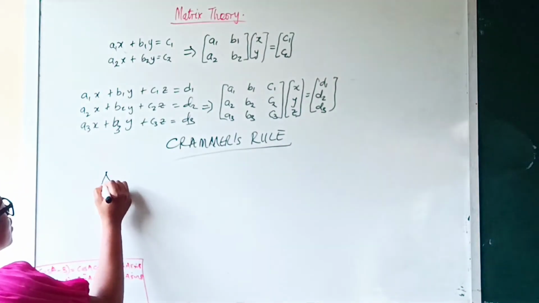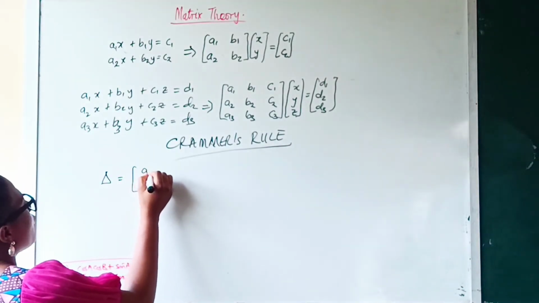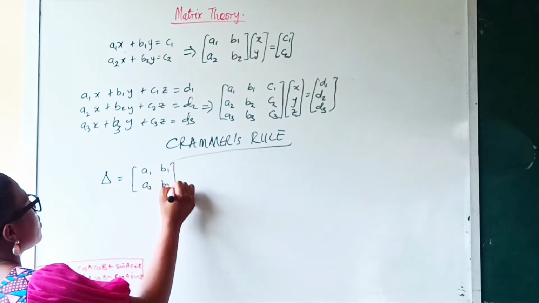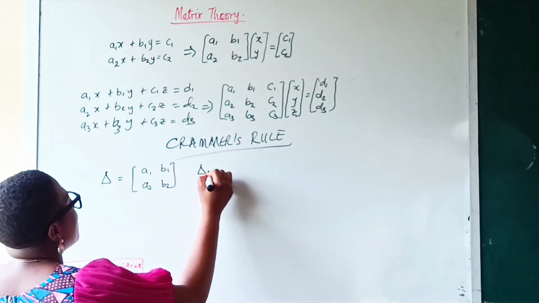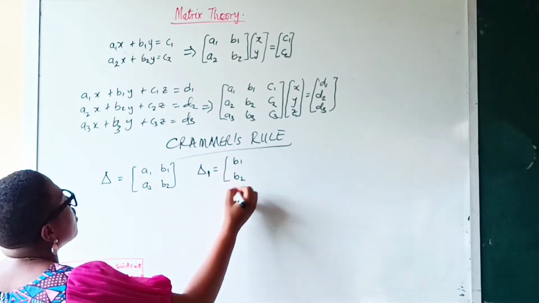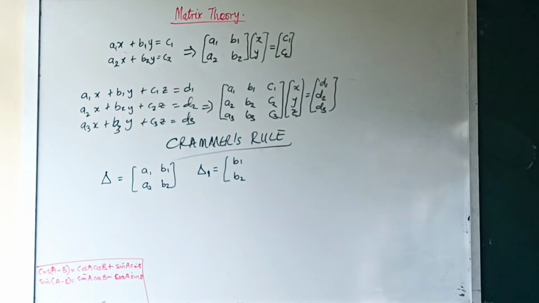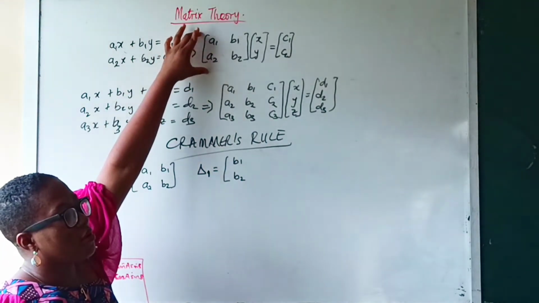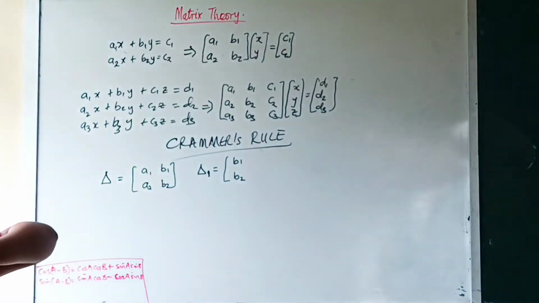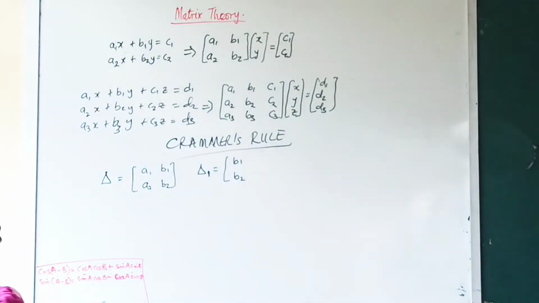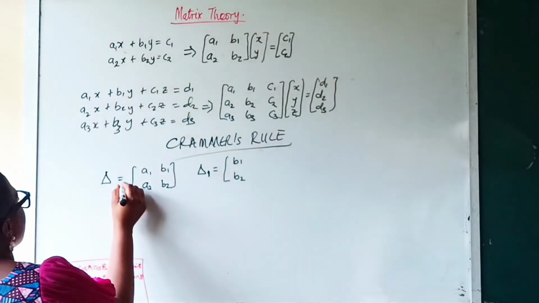We have delta equal to the matrix A1, B1, A2, B2. Delta 1 is equal to B1, B2. I'm going to teach you how to easily see it. The first one, delta, is exactly this matrix: the determinant of this matrix.